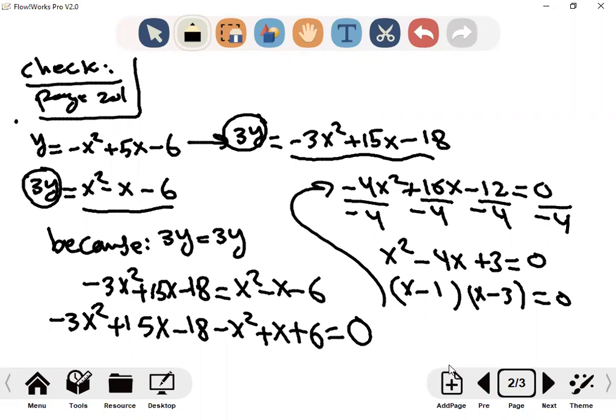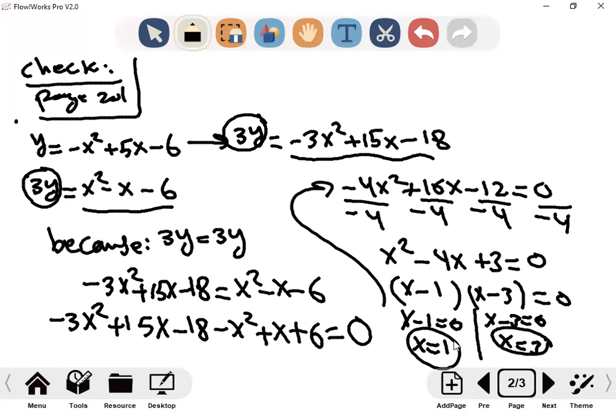Now let's go. We have x minus 1, x minus 3 equals 0. So what are the values of x here? X equal 1 and x equal 3. So x minus 1 equals 0 means x equal 1, and x minus 3 equals 0 means x equal 3. I have two solutions for x, which means I will have two solutions for y, right?